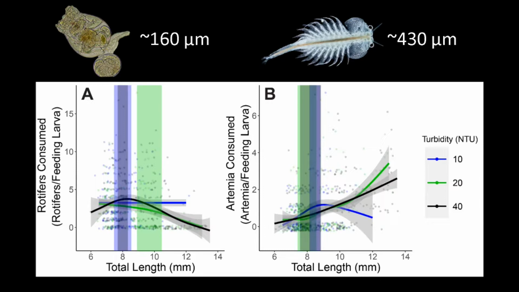And so this informs some feeding protocols that could be altered at the FCCL, where fish about 8 millimeters in length, perhaps that's when we should be putting in some Artemia, because they are capable of feeding on these larger prey items.